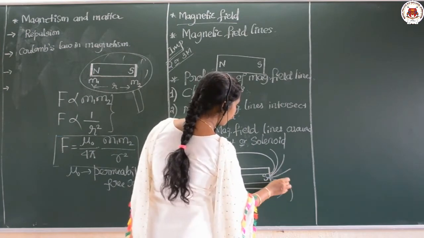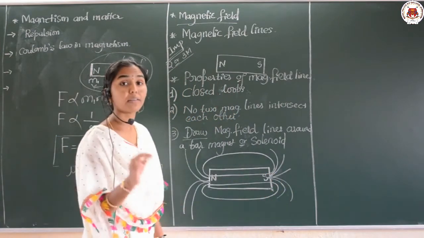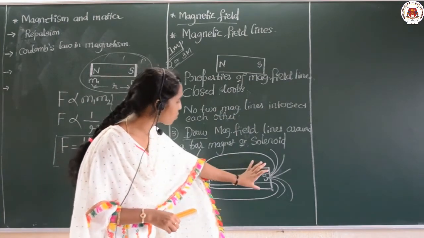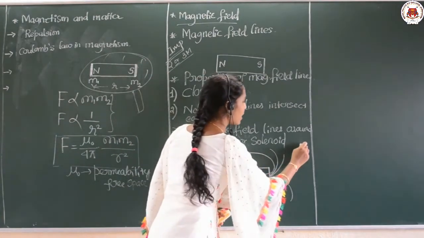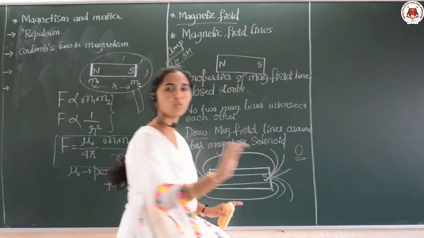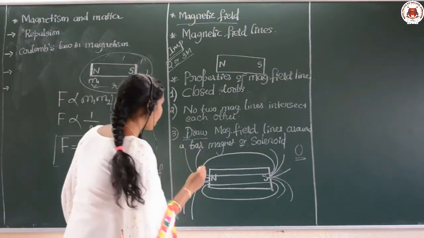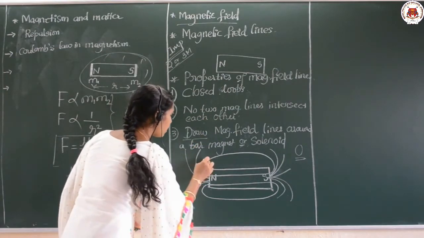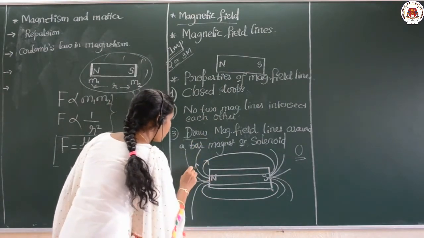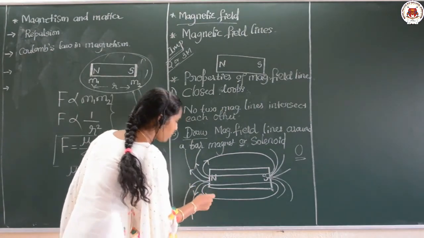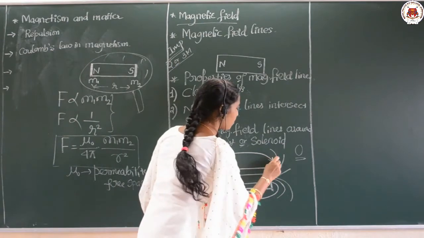And see, dear children, in this the direction is very important. Just drawing like this alone carries 0 marks; no mark will be allotted. Then when can you get the marks? You can get the marks when the direction of the magnetic field is mentioned. Remember this.